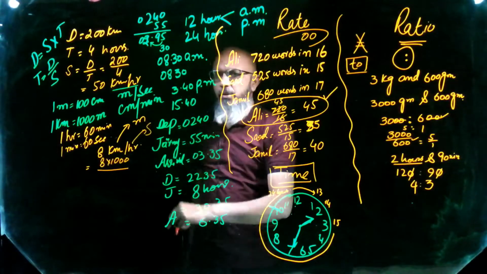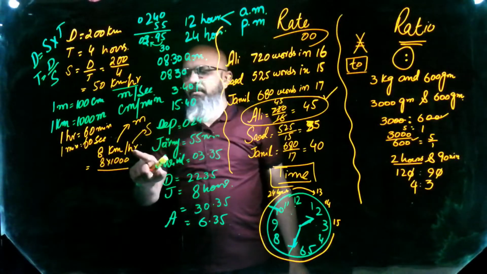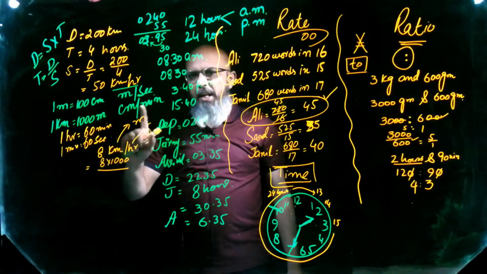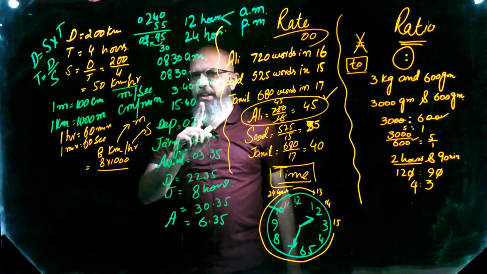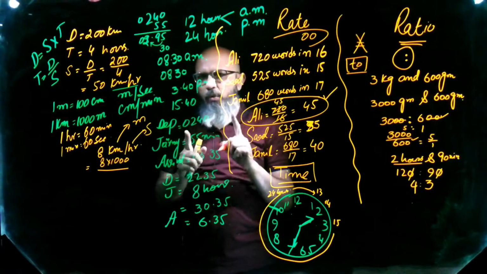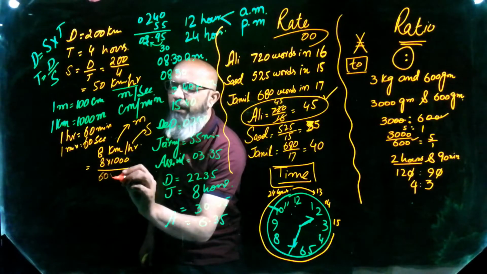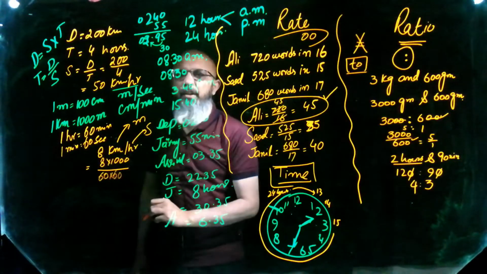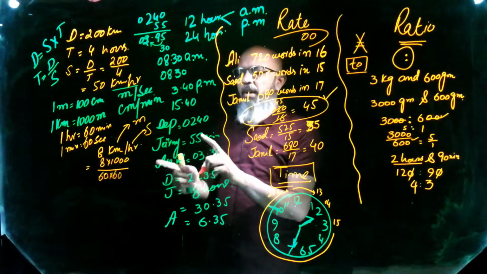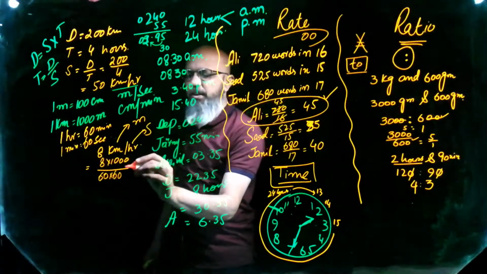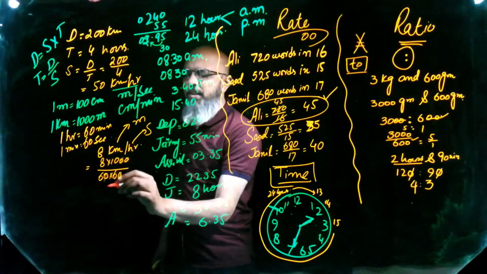Now here we have the trick that in 1 hour we have 60 minutes and in 1 minute we have 60 seconds. So how many seconds in 1 hour? That is 60 into 60. By solving this you will get your answer: this 0 cancels, this 0 also cancels.